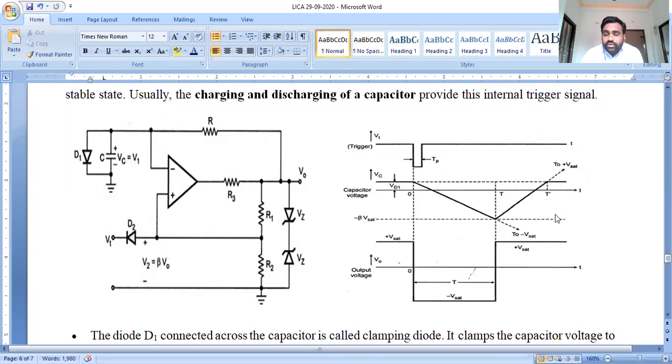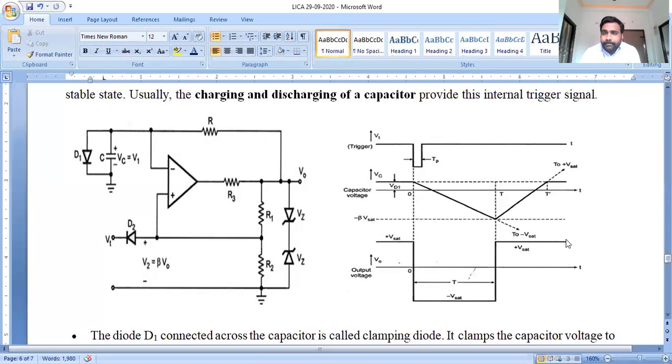So in order to bring the system back to its stable condition, we oscillate the output voltage from plus V saturation to minus V saturation, and from minus V saturation to plus V saturation.